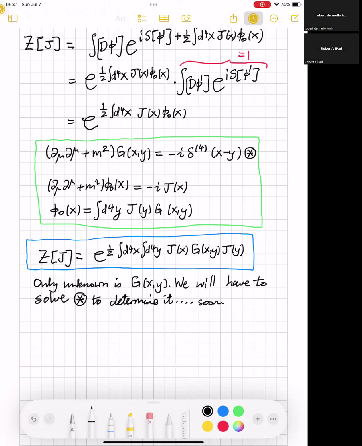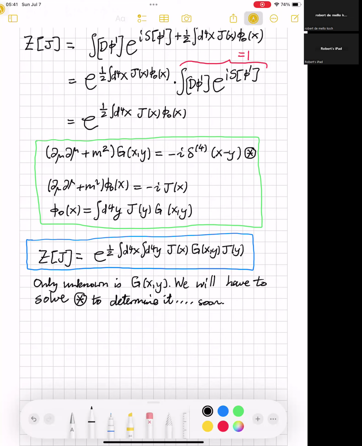So the first equation in the green box defines the Green's function, and then the solution for phi naught of x is given by the last equation in the green box. Plugging that solution for phi naught of x into our expression for Z of J, we get the expression in the blue box. Z of J is the exponential of 1/2 integral d4x integral d4y J of x G of x comma y J of y.